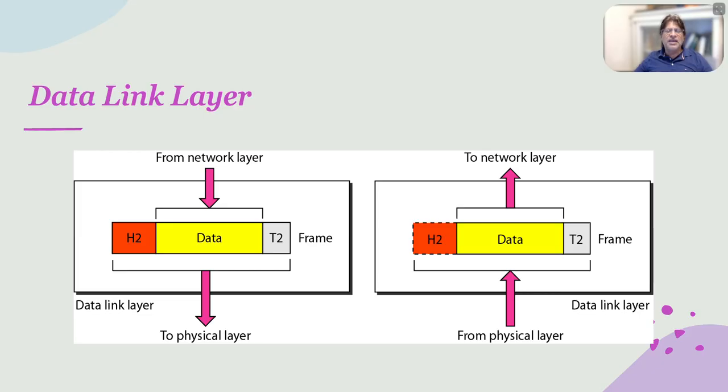So this is a de-encapsulation process. The header is stripped off and the trailer is stripped off, and only the relevant network packet data is sent to the network layer. So you can see the process coming from the network layer above to the data link layer to the physical layer, and conversely on the other side, the information going from the physical layer to the data link layer to the network layer.